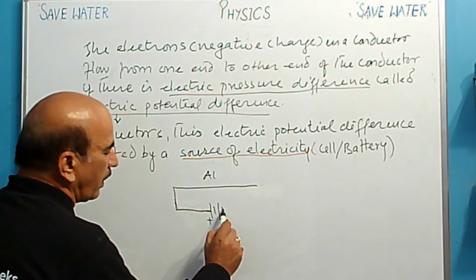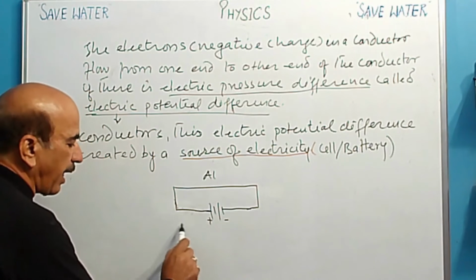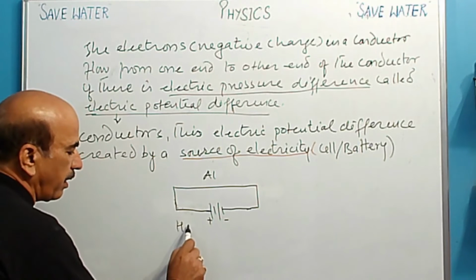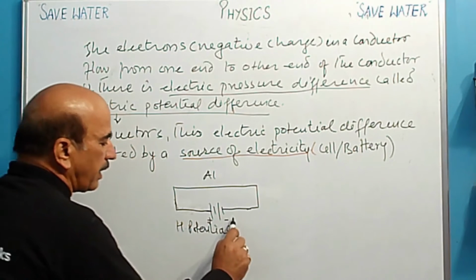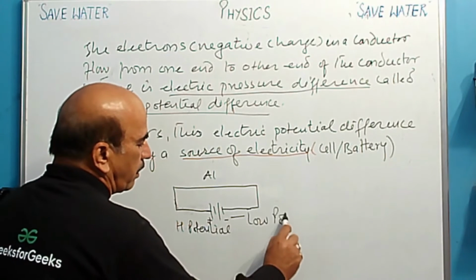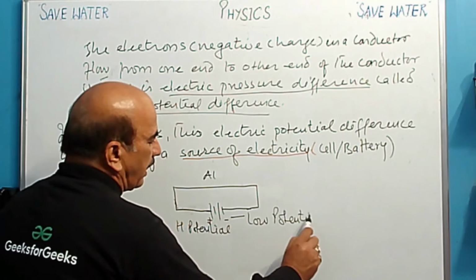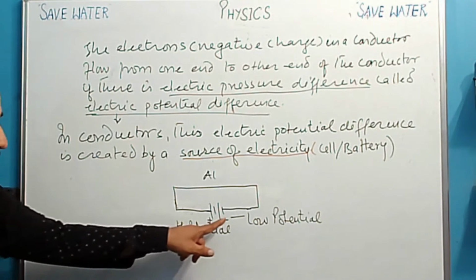Look. So one end is at higher potential, this is at higher potential, and this negative one is at low potential. So this is at higher potential and this is at lower potential.